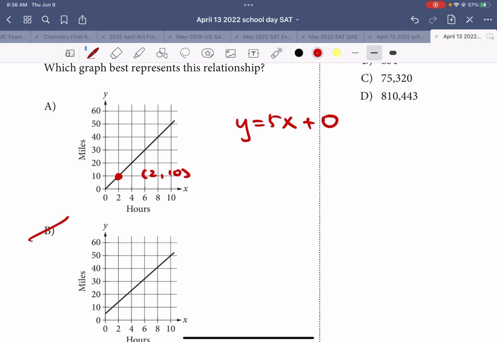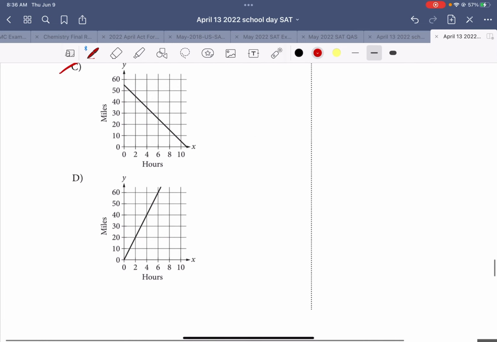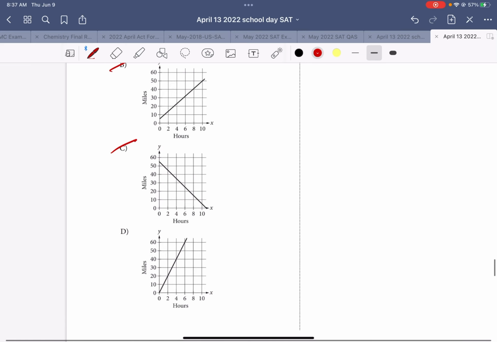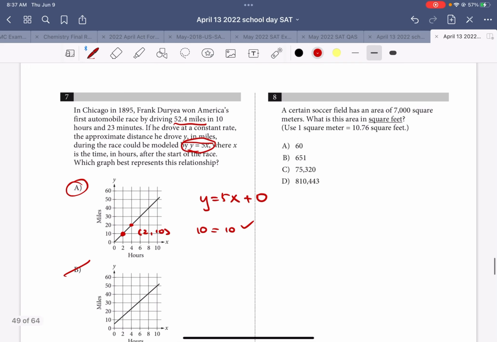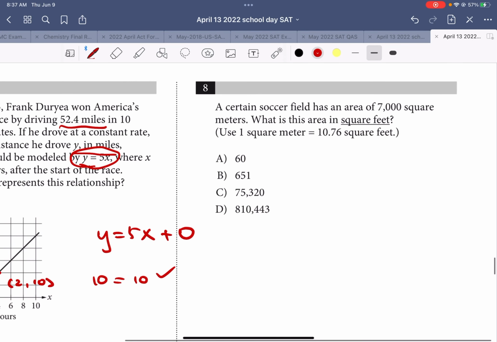When you plug in 2, 10 equals 10. Yes, that works. Also this point, 4 times 5 is 20. So the answer has to be A. Let's see, D. Yeah, D doesn't work. At this point, 2 times 5 is 10, not 20. So not this one.